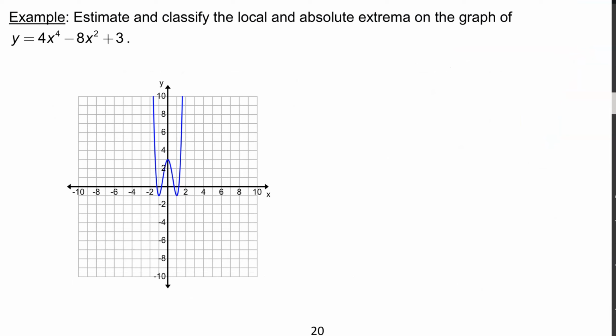So let's estimate and classify the local and absolute extrema of the graph. First off, am I going to have an absolute max here? No, because look, my graph is actually going up in both directions. There's no absolute max.